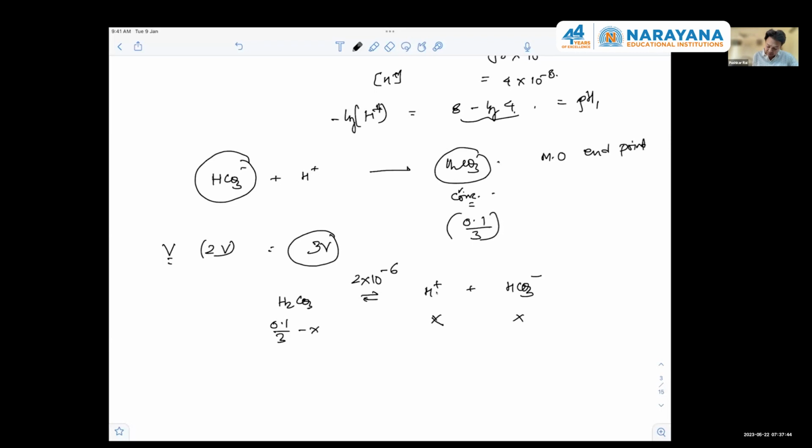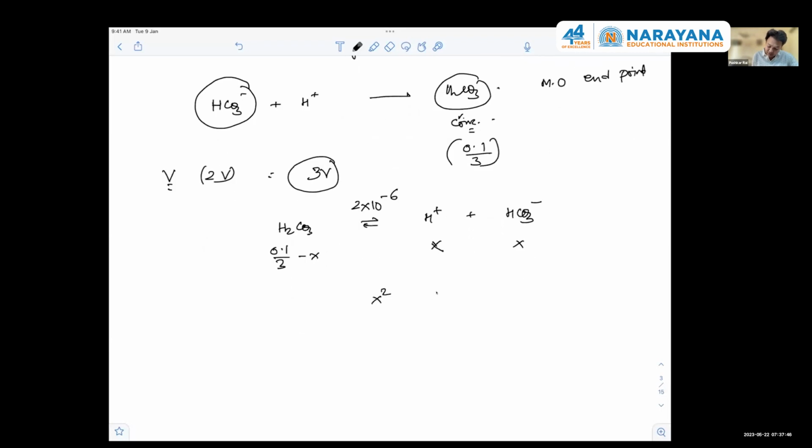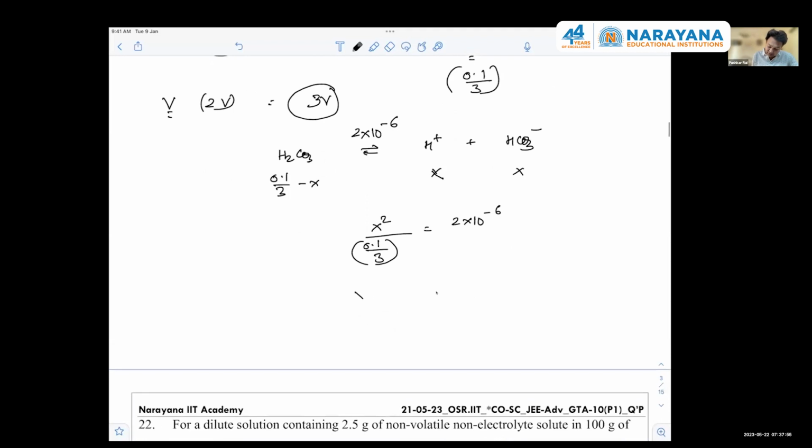Ignoring x, you get x square upon 0.1 by 3 is equal to 2 into 10 to the power minus 6. So x square is equal to 2 into 10 to the power minus 5.